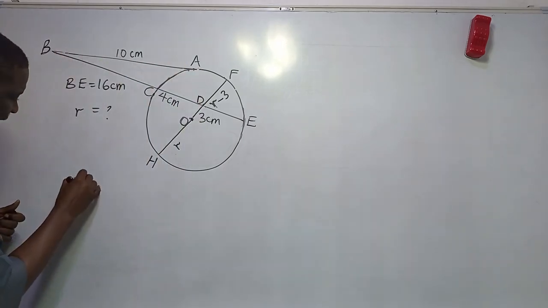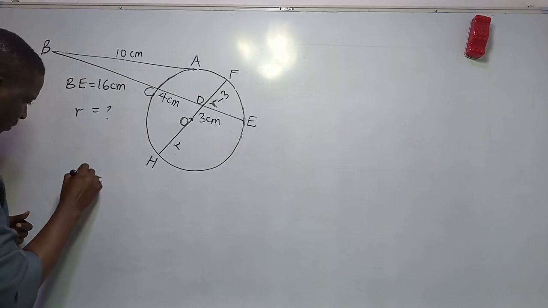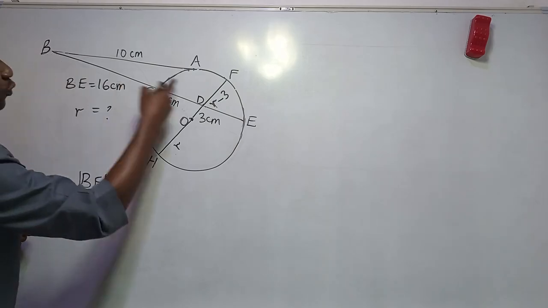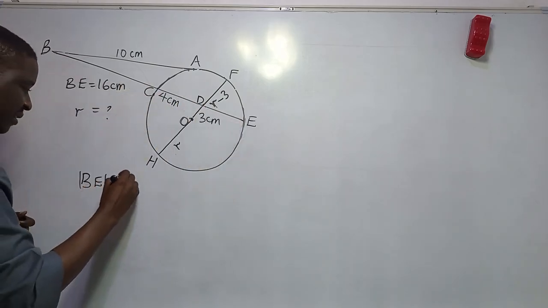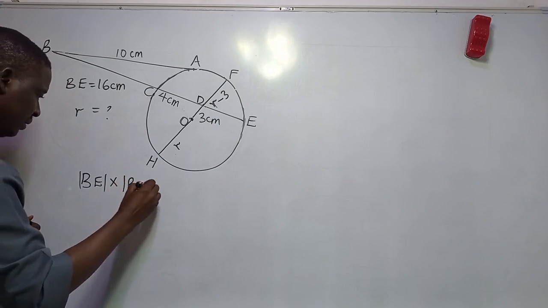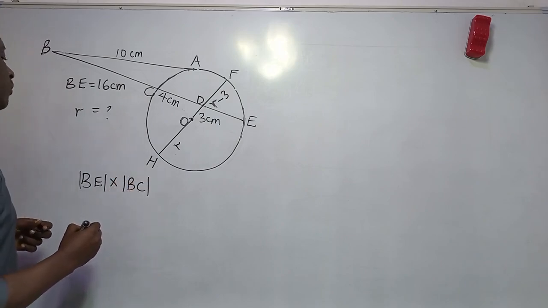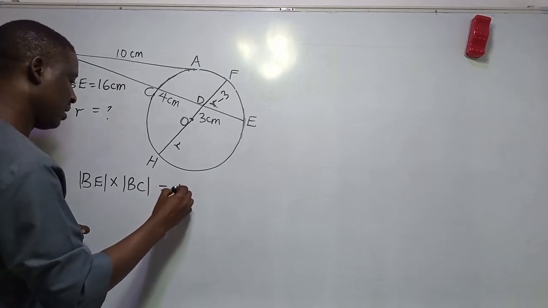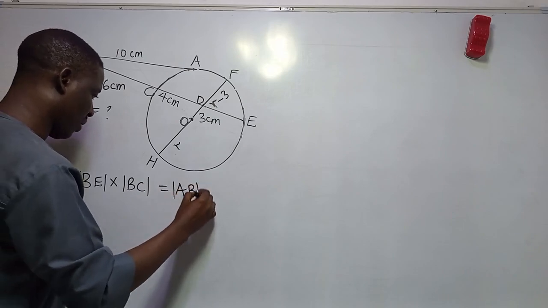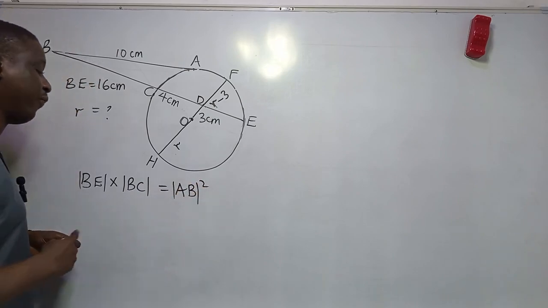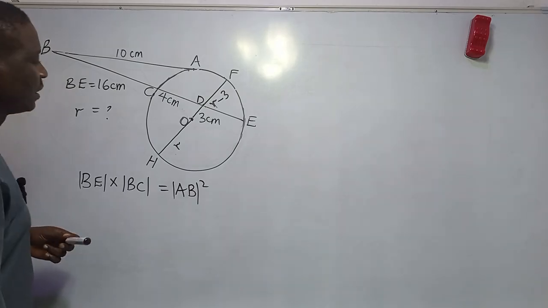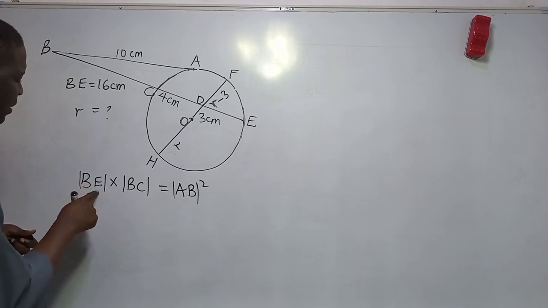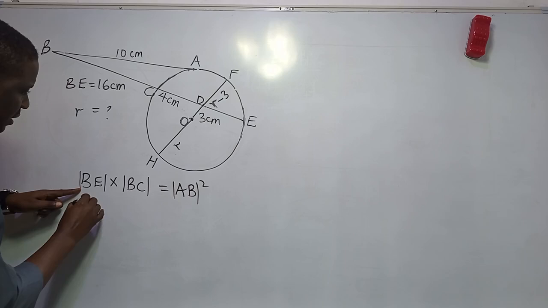What we are saying now is that BE, the full secant, times the part of the secant, is equal to AB squared, the square of the tangent.